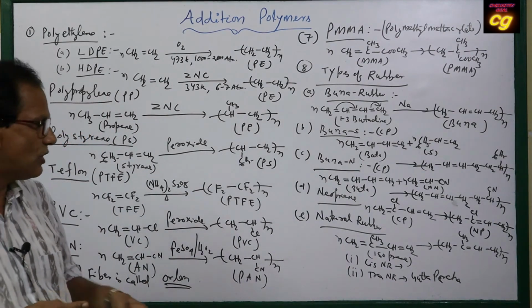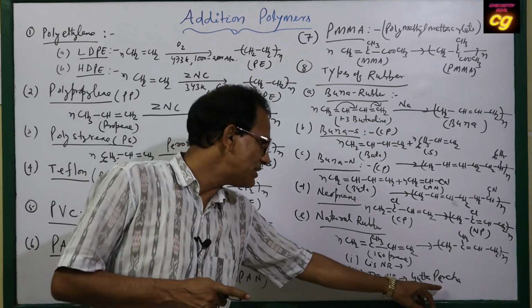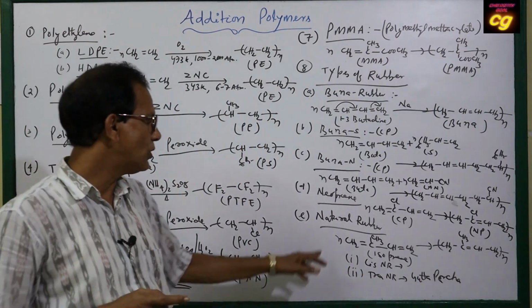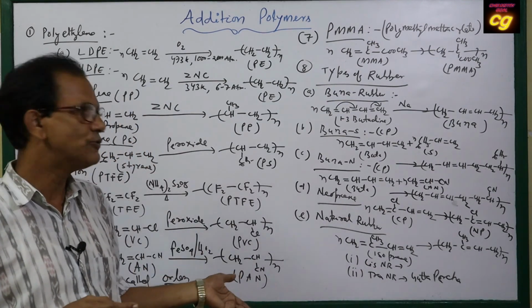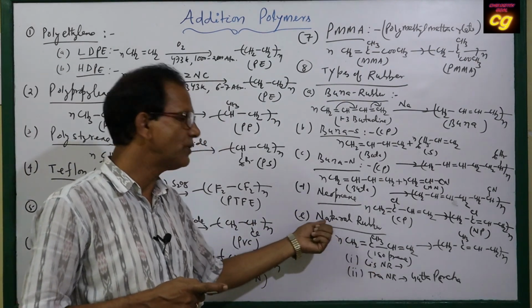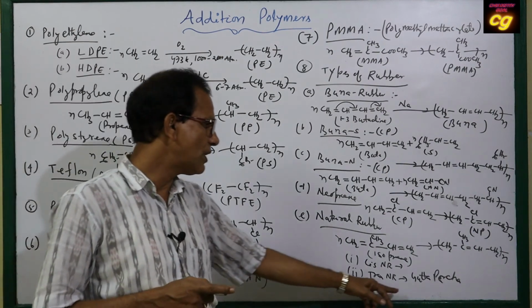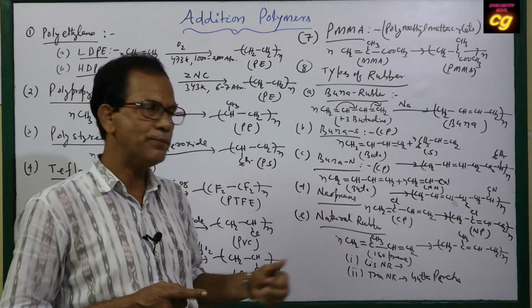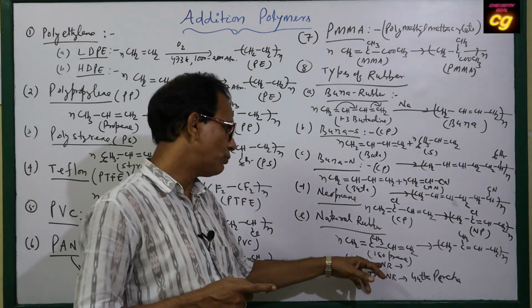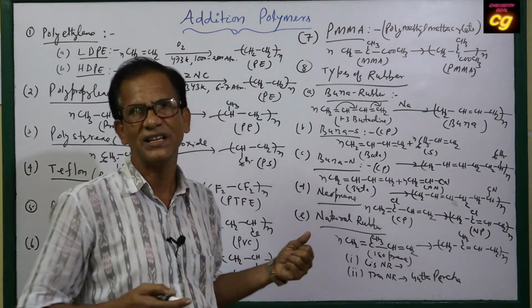Sometimes a question asks what is gutta percha. Gutta percha is the trans isomer of polyisoprene. The trans form of polyisoprene or trans form of natural rubber is called gutta percha, and this trans form is very hard and brittle, but the cis isomer is more elastic.